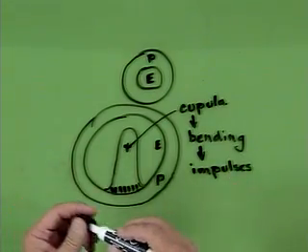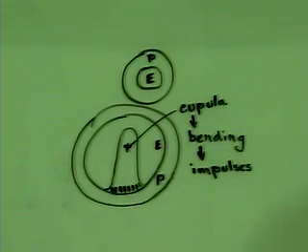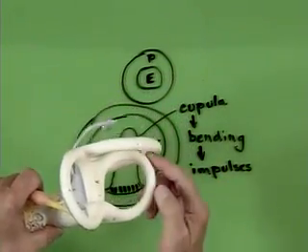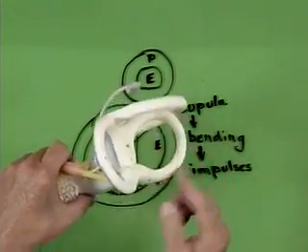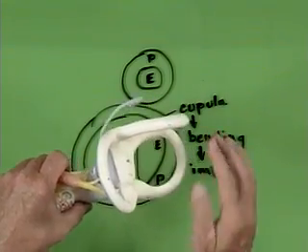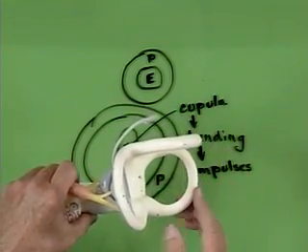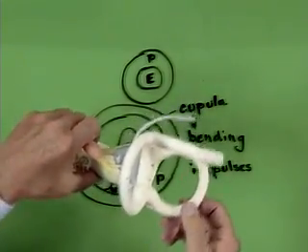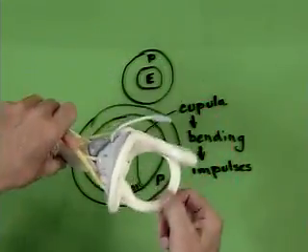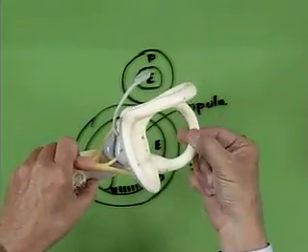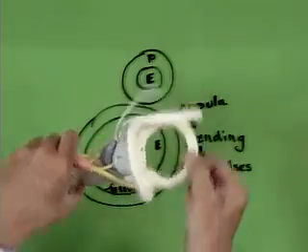Now, if we go back to our model and take a look at it one more time, remember that we've got one of these semicircular canals and ducts in each of the three major planes: sagittal plane, frontal plane, transverse plane. So if we mime no with our head, which would be this kind of motion right here, the duct within this semicircular canal that I'm pinching here between thumb and forefinger, there would be motion.